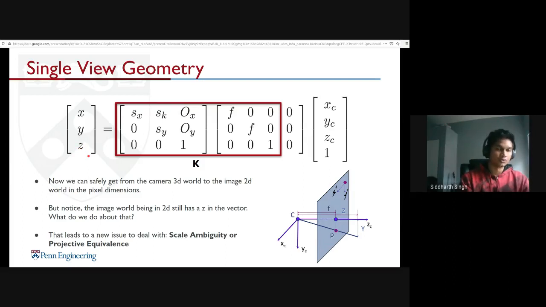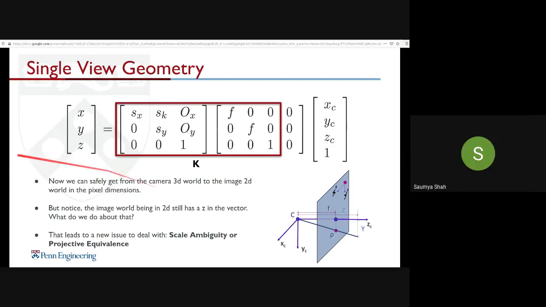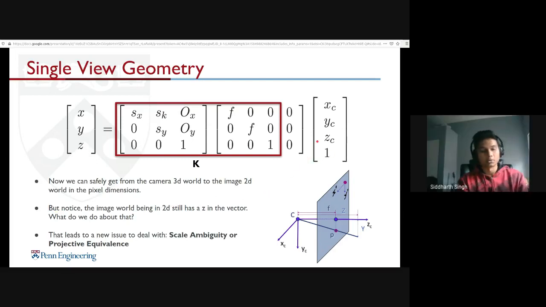Because as we move down in the lectures, you'll realize that it's not that we have the world coordinate frames and we're trying to see the pixel coordinate frames. We're trying to do the opposite thing. We have the pixel coordinates and we're trying to find the camera coordinates.